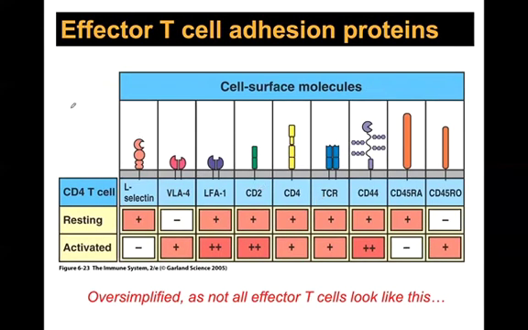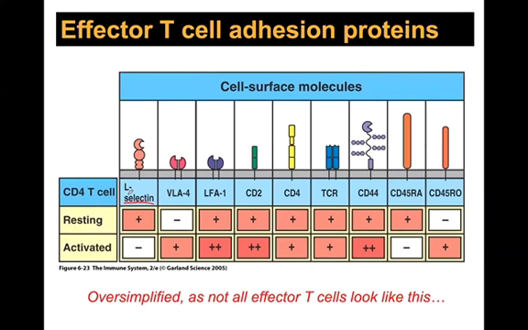I should point out that there are some changes in the T cells as they become activated in the lymph node. They start changing, first of all, their selectins. To get into a lymph node, a naive cell wants L-selectin, but once the T cells are activated and they leave the lymph node, you don't want them going back to the lymph node, you want them to enter inflamed tissues.